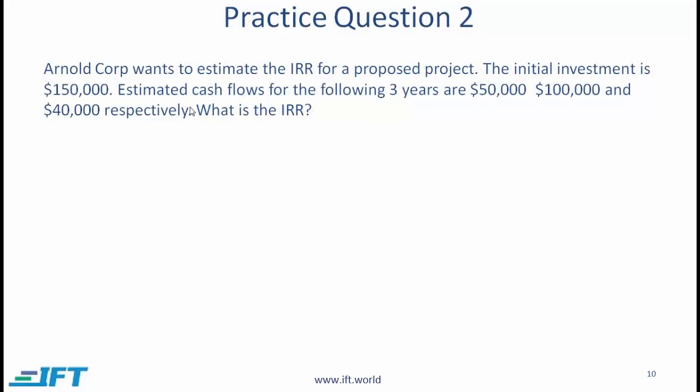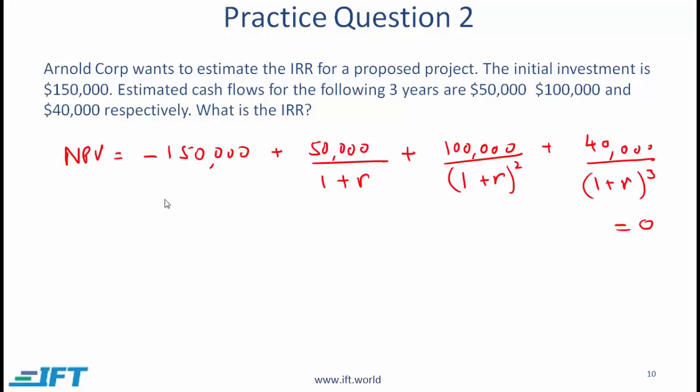Let us now do a practice question, and I want you to try this first on your own. The brute force way of solving this problem is to set up the NPV as follows: your cash flows, and then each cash flow discounted at a certain rate R, and then we need to set the NPV equal to 0, and then try to solve this equation and find the value of R such that the NPV is 0.